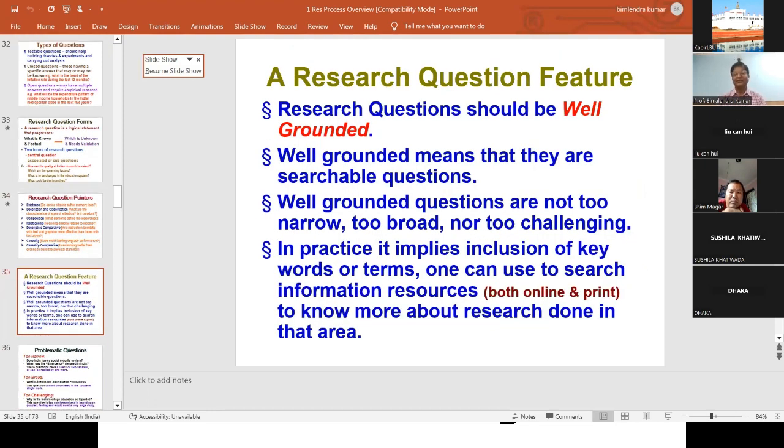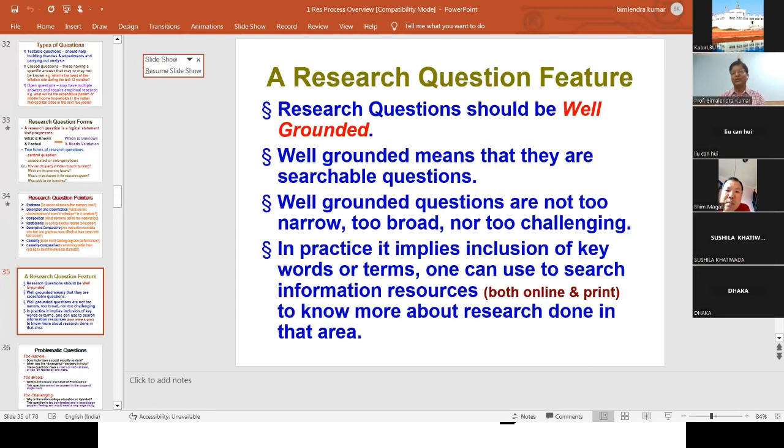So here are some of the features of research questions. Research questions should be well grounded. There must be some known theories, and based upon those facts or theories, research problems must be well grounded also.